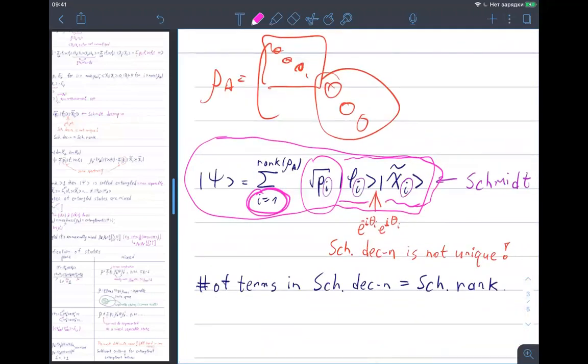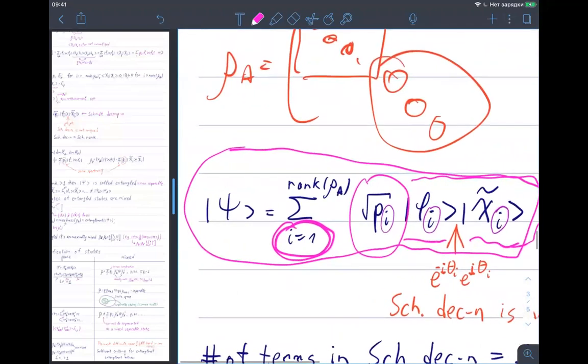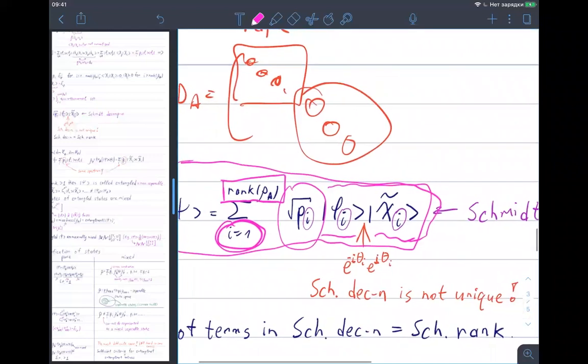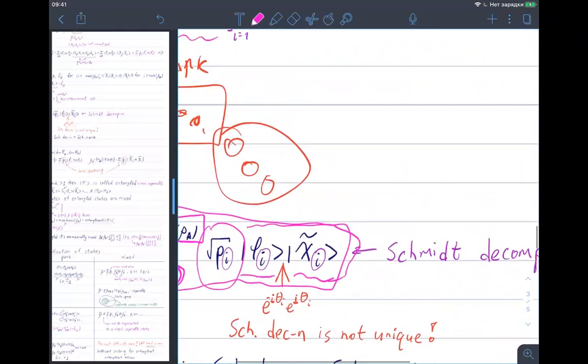You see that the summation here goes from 1 to the rank of my reduced density matrix rho A. So the number of coefficients in this Schmidt decomposition cannot be larger than the rank of one of the two reduced density matrices. This is what is called the Schmidt decomposition.